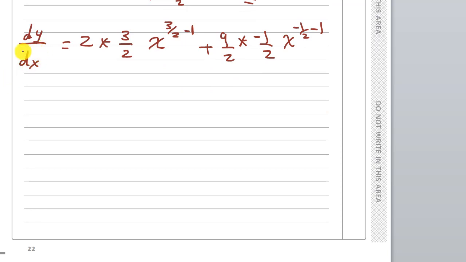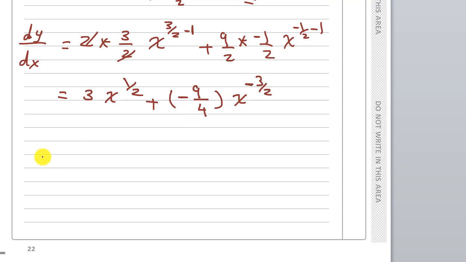So dy by dx is equal to 3x power half minus 9 over 4 x power minus 3 over 2. So dy by dx is equal to 3 square root of x minus 9 divided by 4 multiplied by 1 divided by x square root of x.